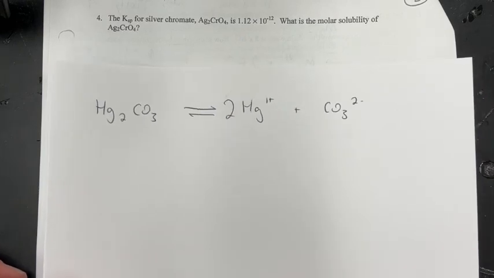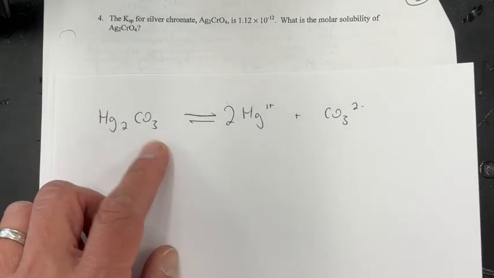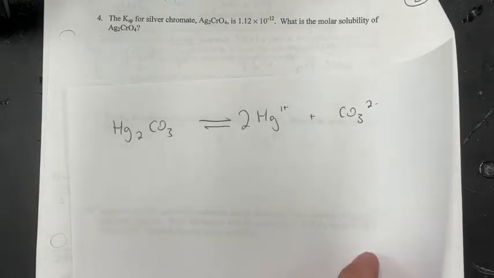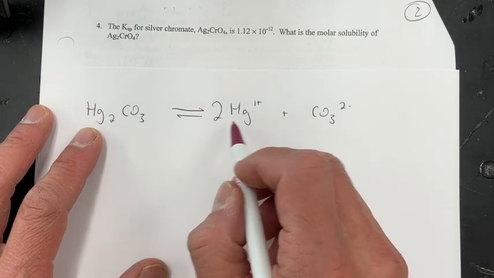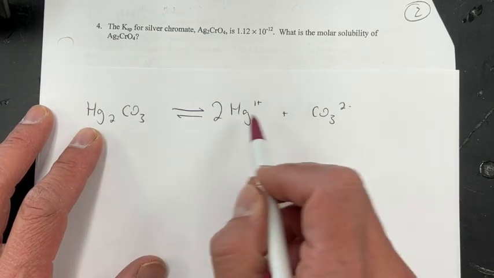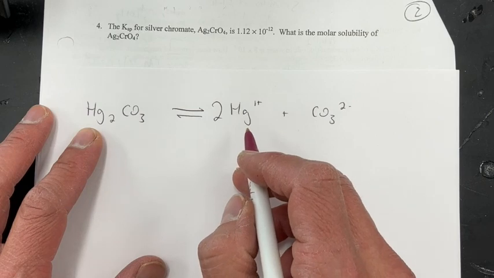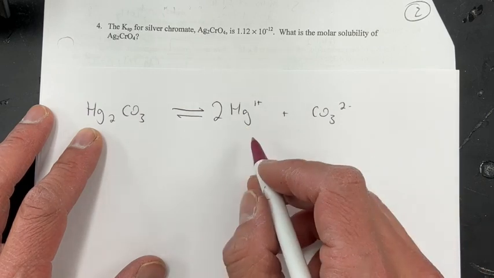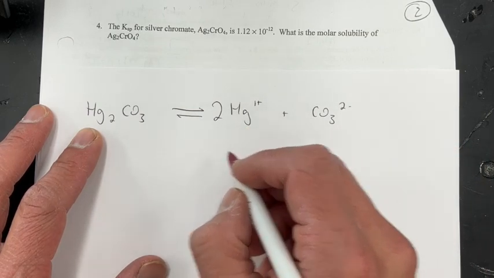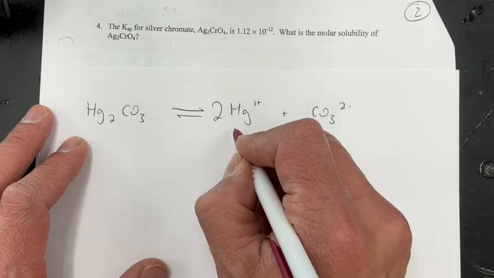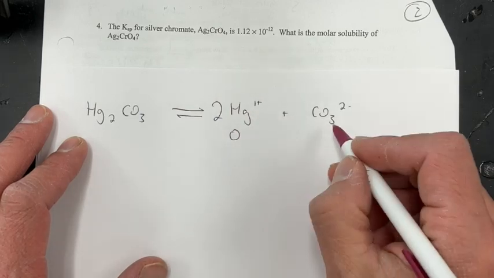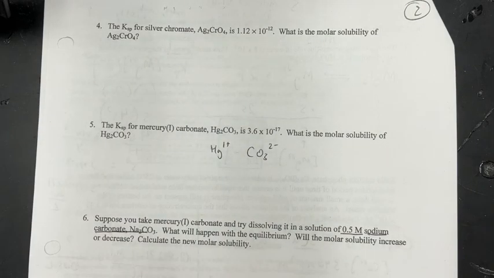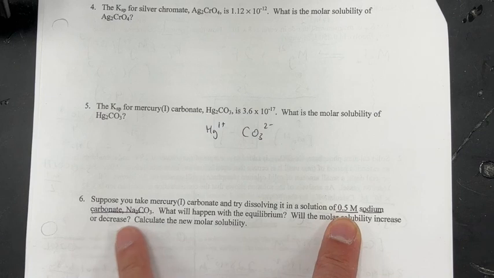Okay, so let's take a look at this. This is my equilibrium, Hg2CO3, and I'll put some paper underneath it so you can't see everything. It splits up into these two things here. And instead of being 0, so this is 0 because there's no extra Hg, but carbonate, well, I'm taking 0.5 molar sodium carbonate.